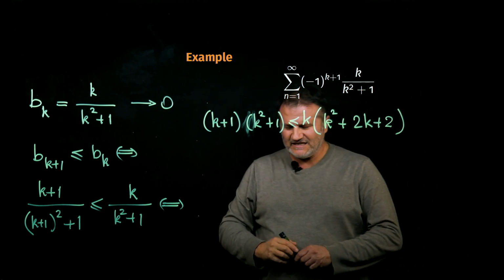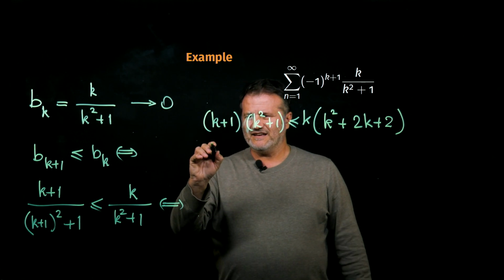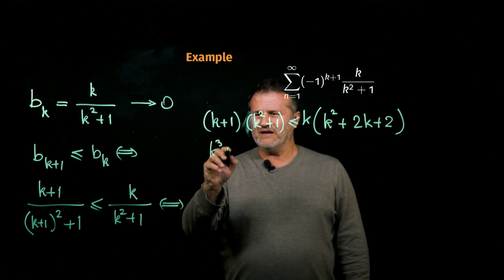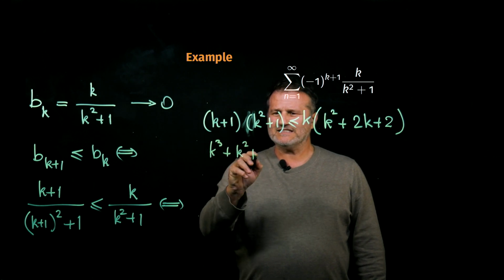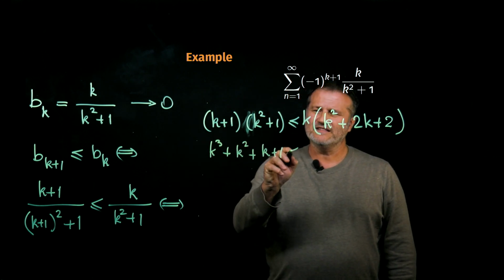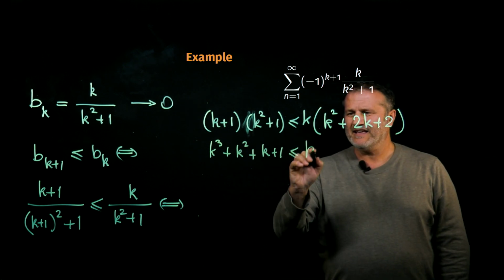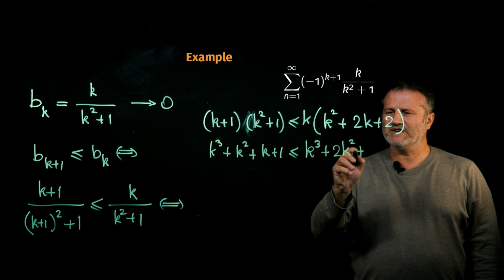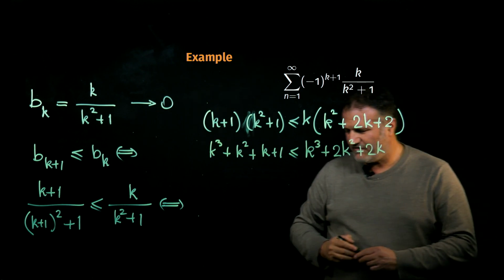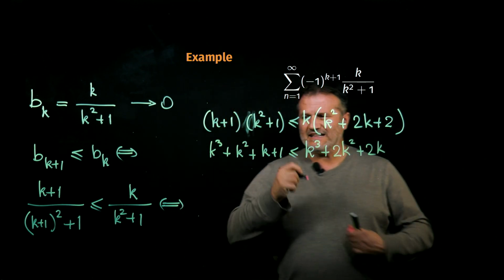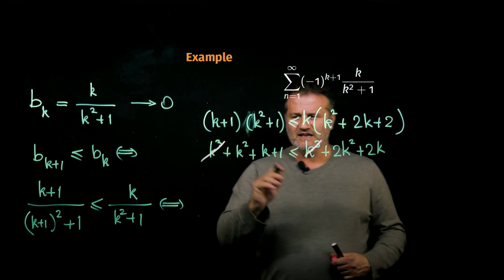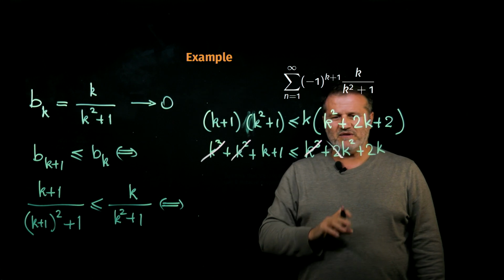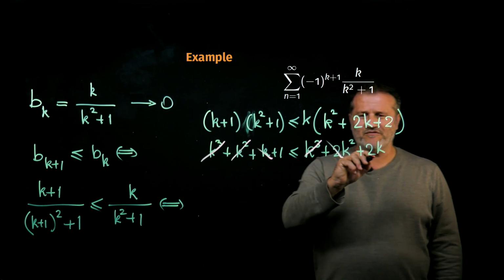And now you can see here that by doing calculations at left we have k cubed plus k squared plus k plus 1. This must be less or equal than k cubed plus 2k squared plus 2k. So if you now simplify, you see that k cubed disappears, k squared can be simplified here, so we remain with 1 k squared, and the same for k.